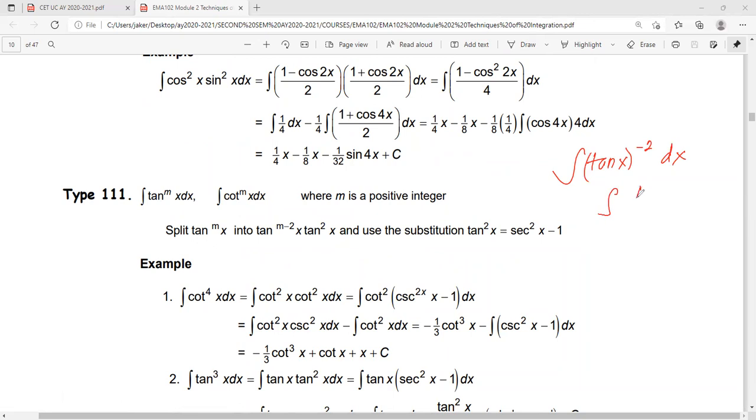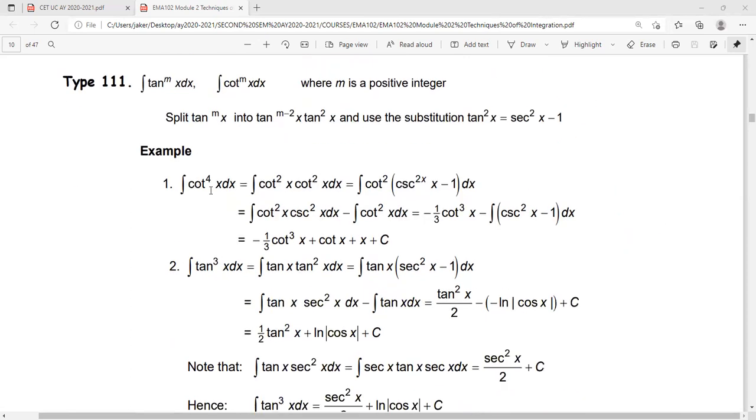This is like 1 over tangent squared of x dx, right? We cannot deal with the negative, so it's written like this. And what is this? That's cotangent squared of x dx. Convert it to the positive exponent because we are only given a positive exponent for us to use in type 3. Okay? So that's how you deal if you're given a negative exponent, convert it to positive.